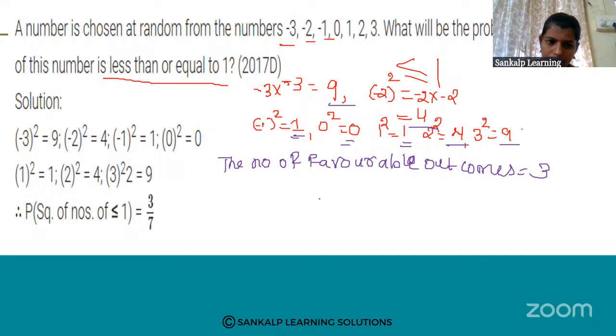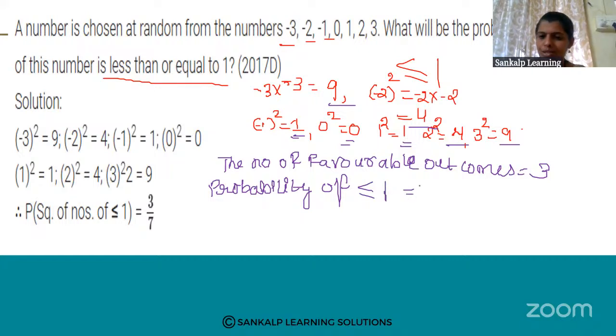Therefore, the probability of the square of this number being less than or equal to 1. Okay, so this I will call it as n of A, or you can say it as n of E also.